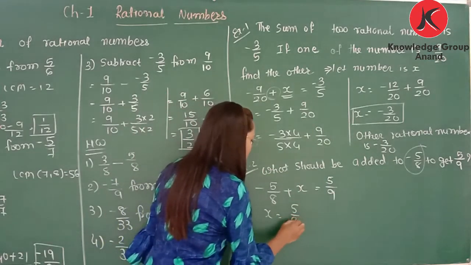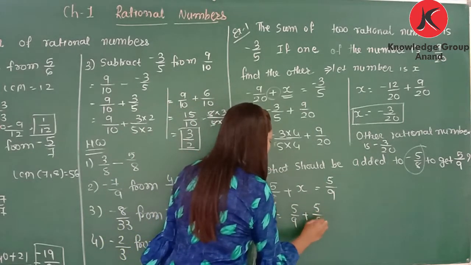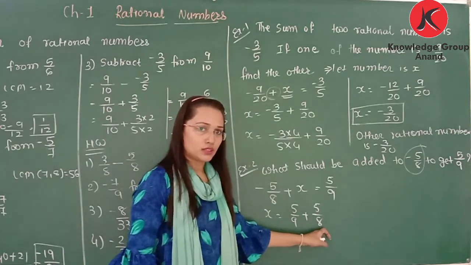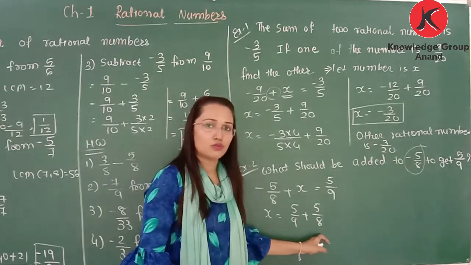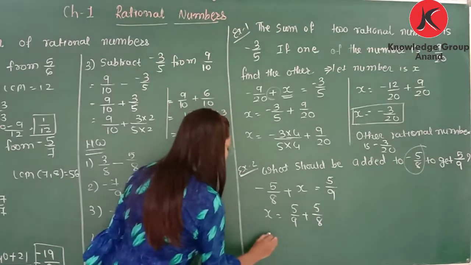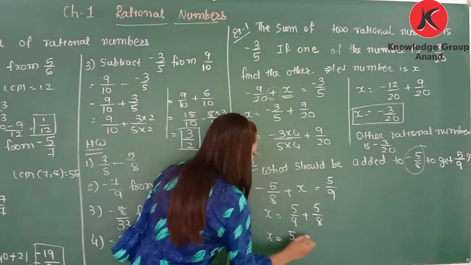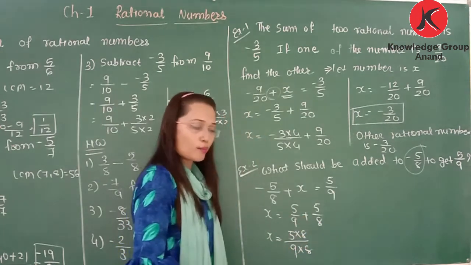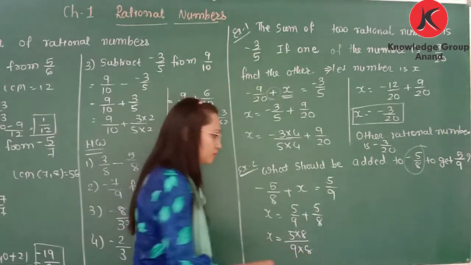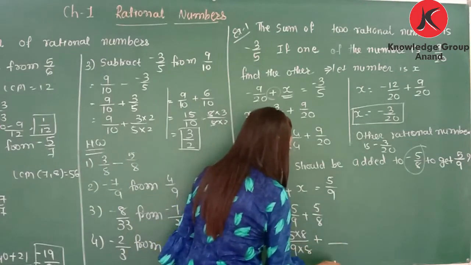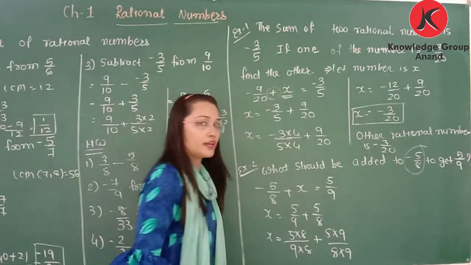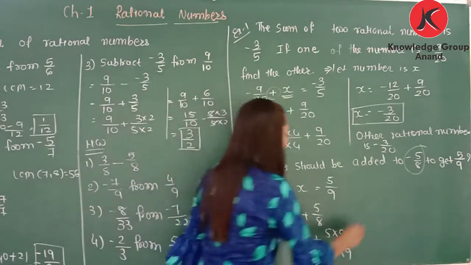This is the same as what we performed in chapter number 2, like an equation. Now LCM of 9 and 8. So the LCM of 9 and 8 gives 72. So here 5 by 9 needs to be multiplied with 8 in the numerator and denominator to get 72 here, and 8 is multiplied with 9 in the numerator and denominator.